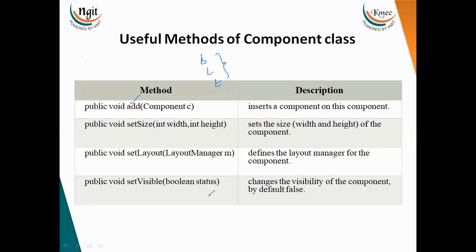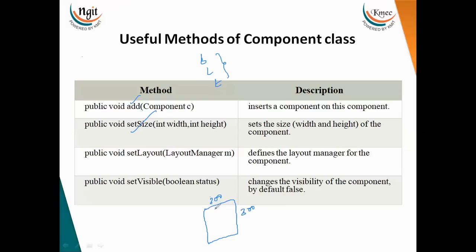Sir, if I want to set the output size, let's say 300 by 300 or 200 by 200, for that purpose we use the set size method. The set size method sets the output screen size. If you are giving 300 by 300, that means width 300 and height 300, right? The output screen layout also you can set.